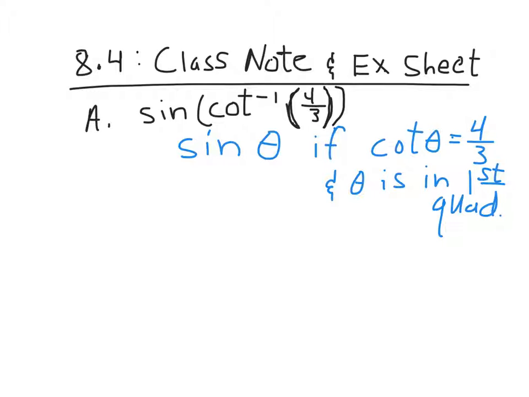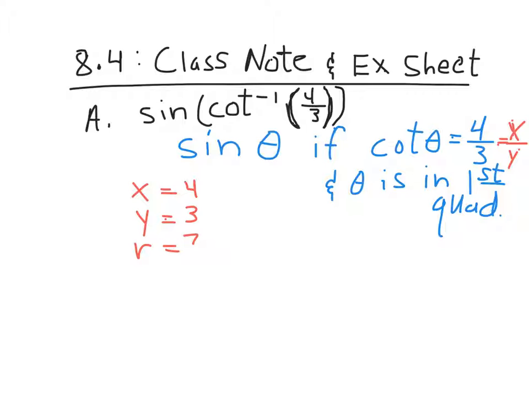So we recognize that the cotangent of theta is given by x over y. Remember, tangent is y over x, so the reciprocal of that is x over y. That means x equals 4 and y equals 3, and we simply need to figure out what r is.